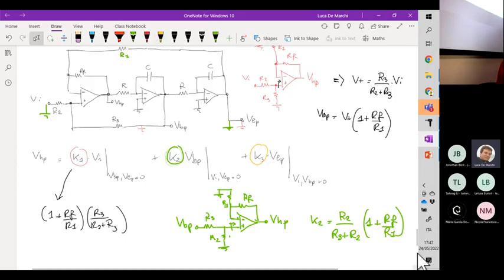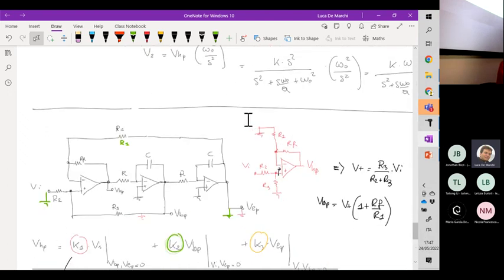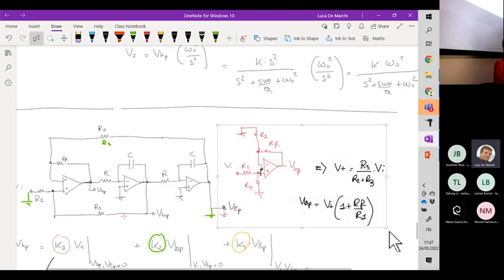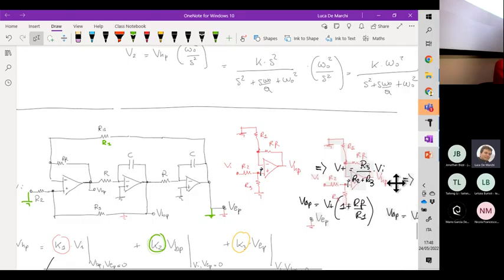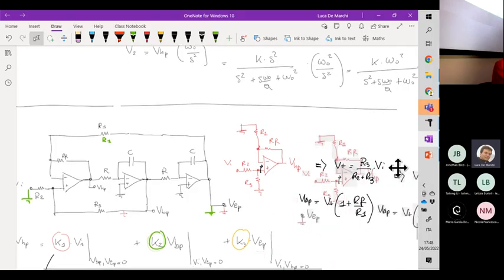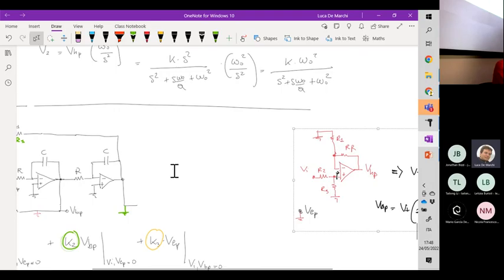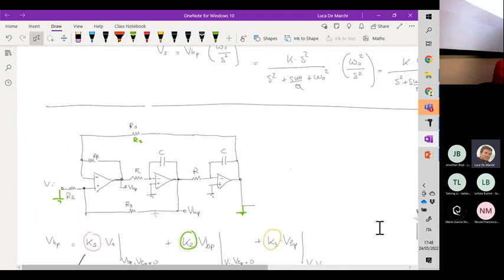So let me move these guys away, so that I have some free space to sketch the orange circuit.